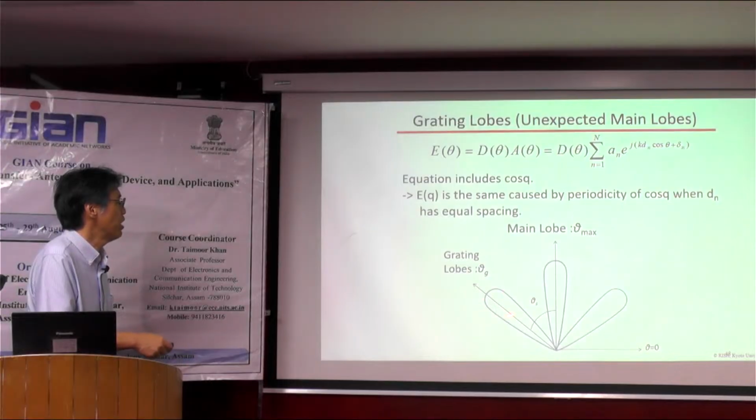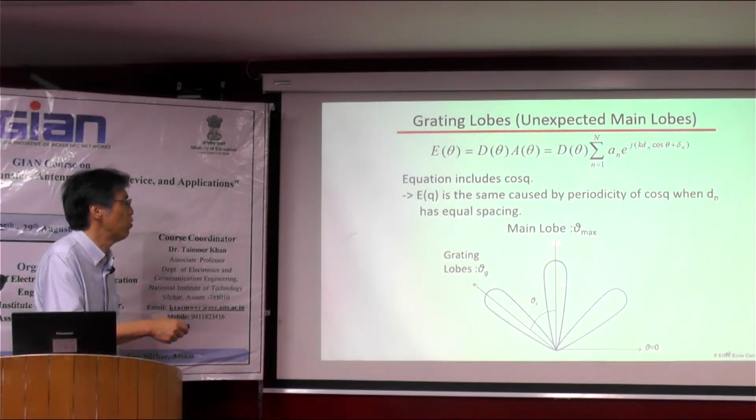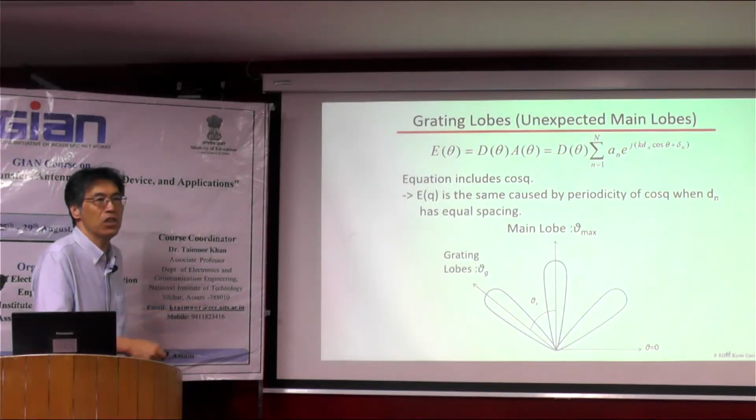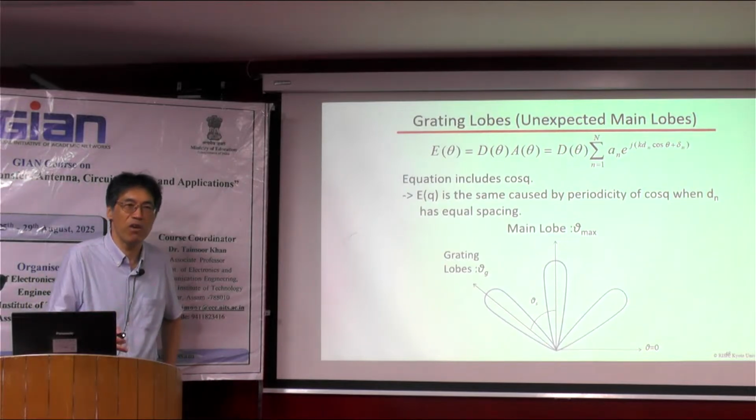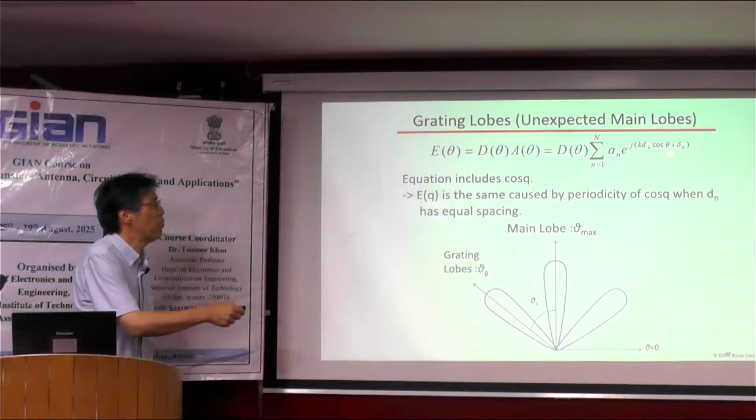grating lobes occur. A grating lobe has the same power as the main lobe, and this is caused by the periodicity of the cosine theta. As you know, 0 degree and 360 degree are the same phase and the same value.